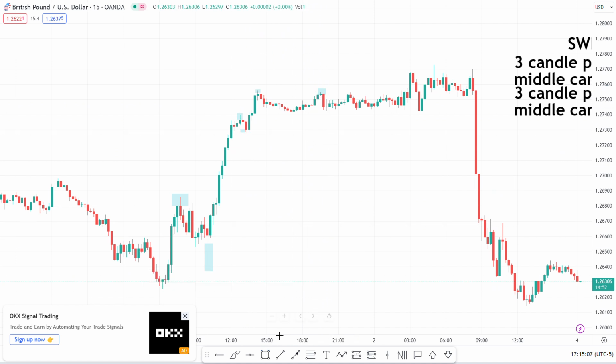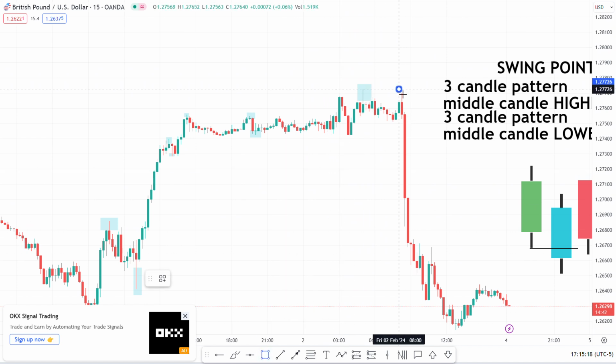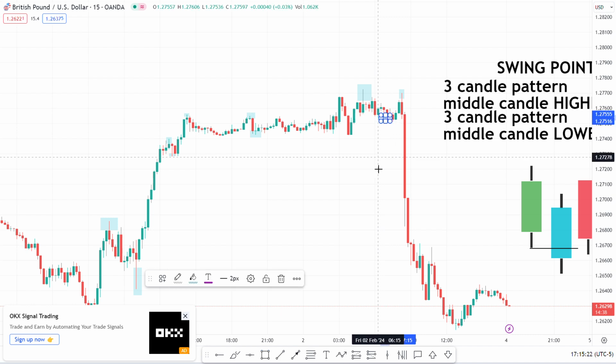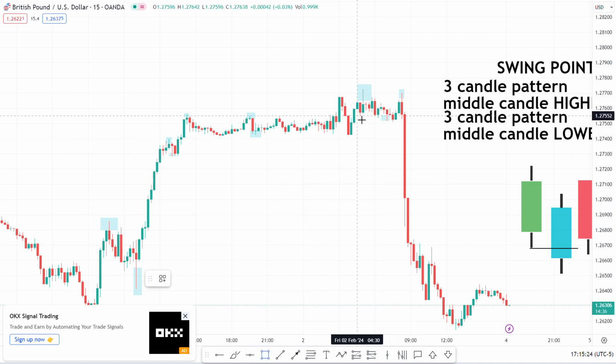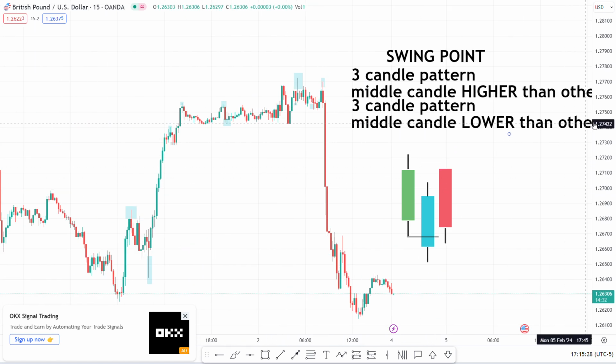Swing high, that's a low. High, swing high, swing low, swing low.